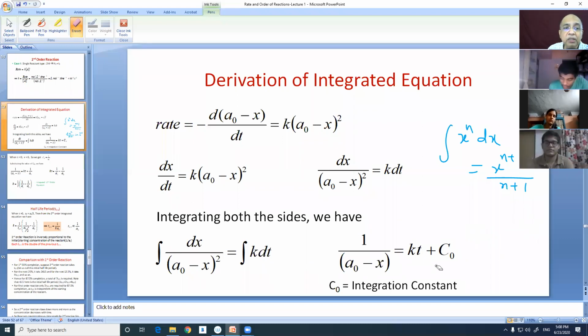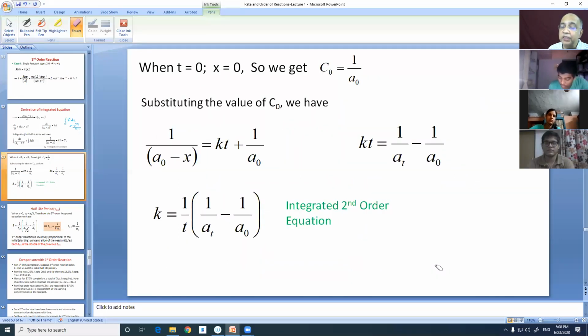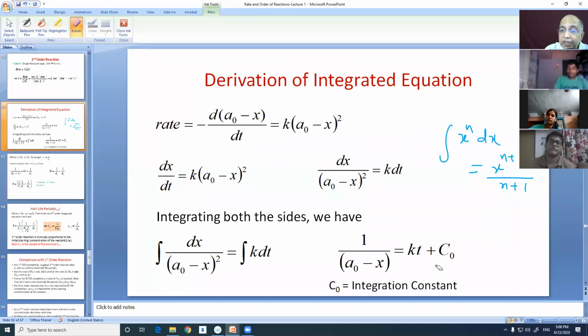And done. So how to get the integration constant? When t is equal to 0, x is equal to 0. Putting t equal to 0 here, the kt term vanishes and x becomes 0.